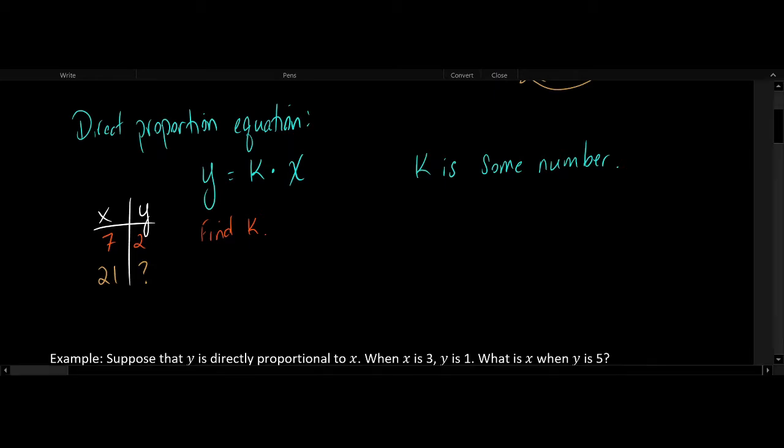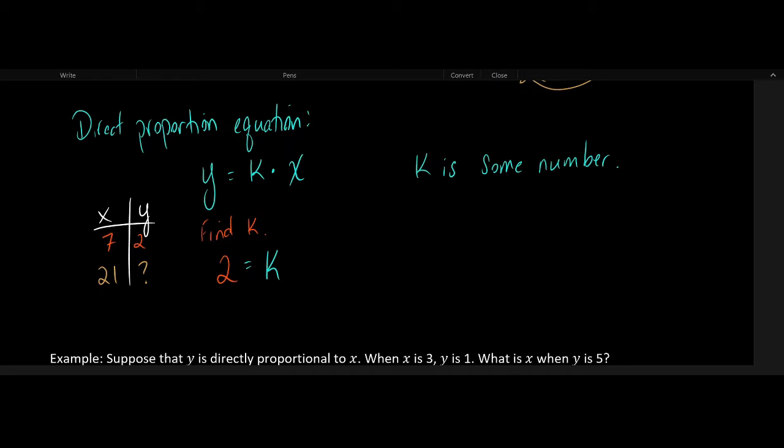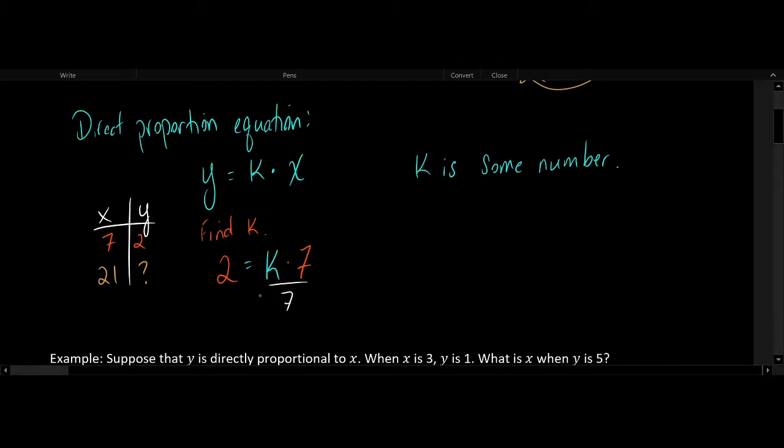So y is equal to 2, so I'll plug 2 in the y's position. K is what we're trying to figure out. And x is equal to 7. If I divide both sides by 7 in order to isolate k, I find that for this particular problem, k equals 2/7.